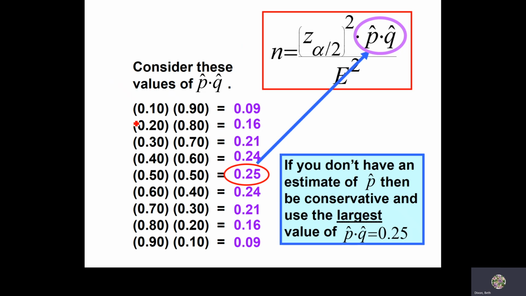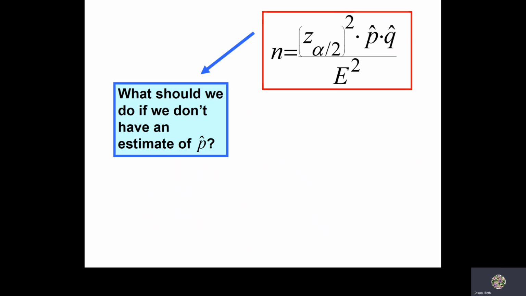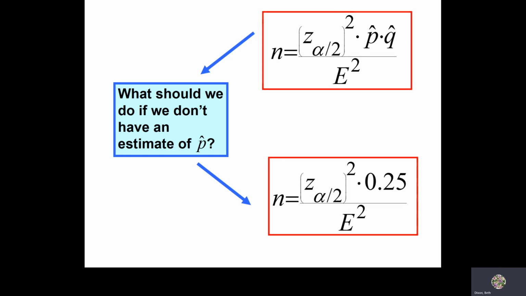If we don't have an estimate of p hat, then to be as conservative as possible, we would want to use that largest value, which would be 0.25. So what should we do if we don't have an estimate of p hat and q hat? We should put in the largest, conservative estimate, which would be 0.25.